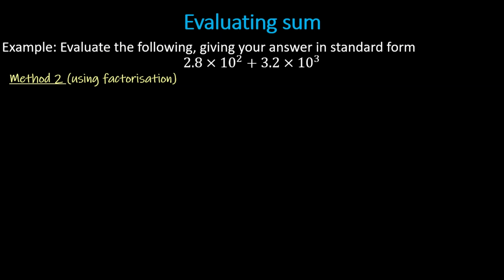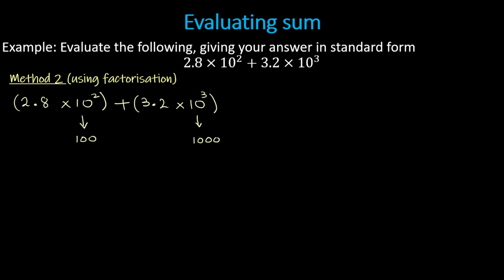Right, so we are given 2 decimal 8 times 10 to the power of 2 plus 3 decimal 2 times 10 to the power of 3, right? And 10 to the power of 2 is simply 100. 10 to the power of 3 is 1000.